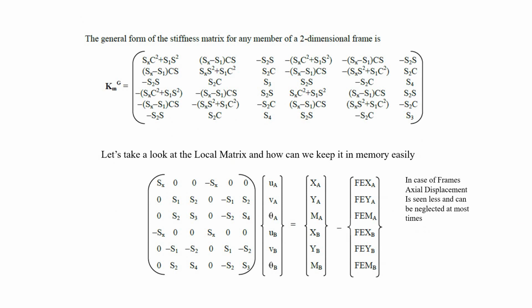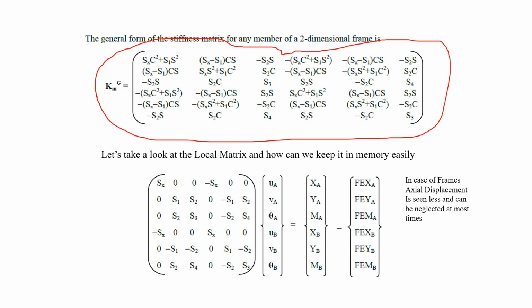You can see this is the final product, the general stiffness matrix in the global axis. Similar to before, here the S stands for sine theta and the C stands for cos theta.